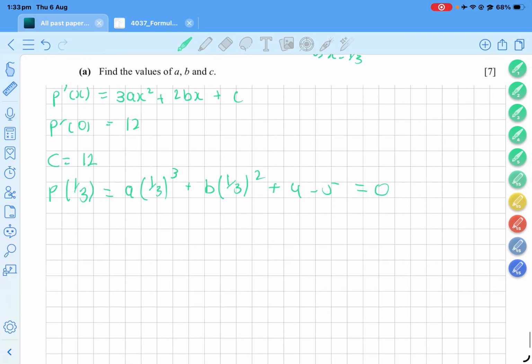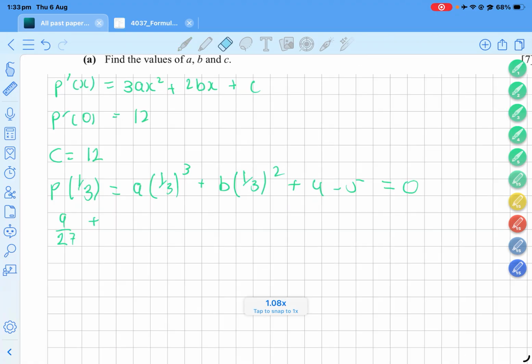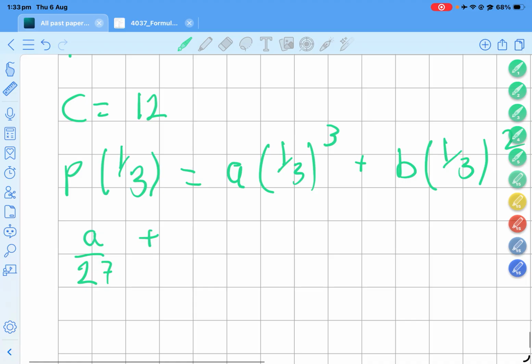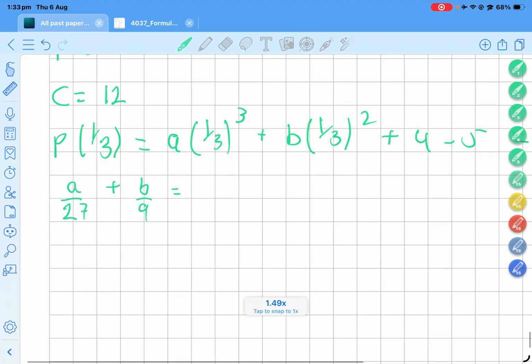So you know that a by 27 and b by 9 is equal to 1, or you could write that a plus 3b is like 27. You could call that equation 1 for now.